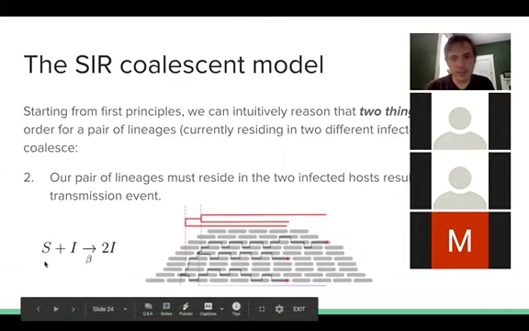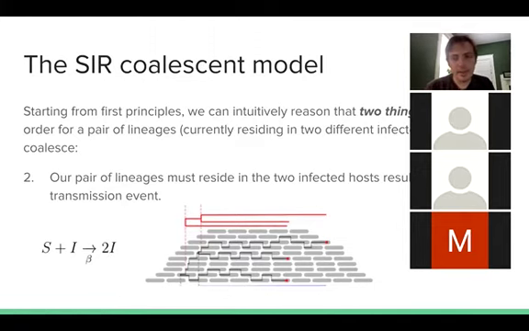As we saw before, at a transmission event, an infected host infects a susceptible host, and the result is that there are now two infected hosts instead of a single infected host. And so immediately after a transmission event, there will be two infected hosts. What has to happen for two lineages to coalesce is that the pair of lineages we're tracking backwards through time needs to be in these two infected hosts involved in a particular transmission event.